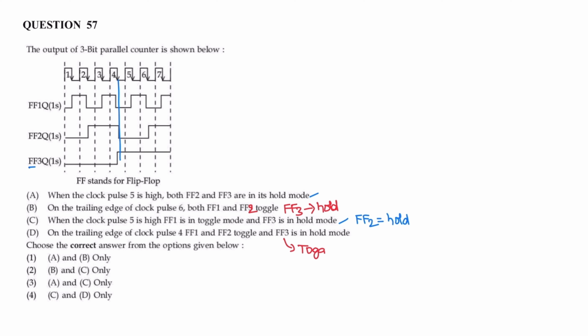Therefore, statements A and C are correct. Correct option is 3. Statements B and D are incorrect. On the trailing edge of the sixth clock pulse, FF1 and FF2 toggle, FF3 is in hold state. On the trailing edge of the fourth clock pulse, flip-flop 1, flip-flop 2 and flip-flop 3 are all in toggle state.